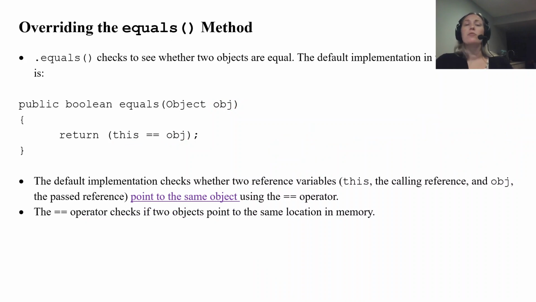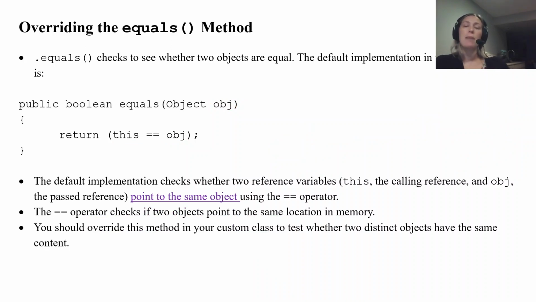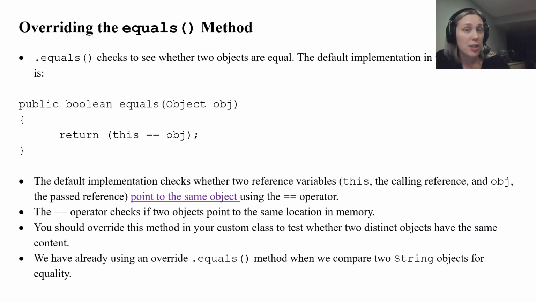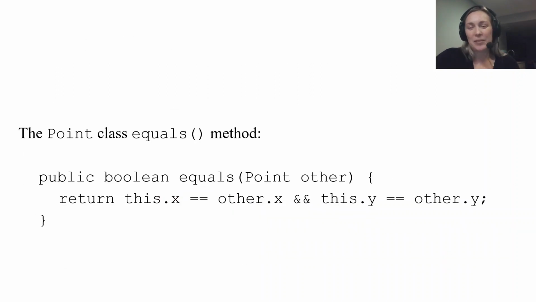Double equals, remember, checks if they're pointing to the same location in memory, but we usually want to override this because we want to check their data values. Okay? And we've done this before. We've written the .equals method. We've used the this keyword, but we're going to go over it again because we can't go over it enough. So let's say we want to make a .equals method for our Point class. This is what it might look like.